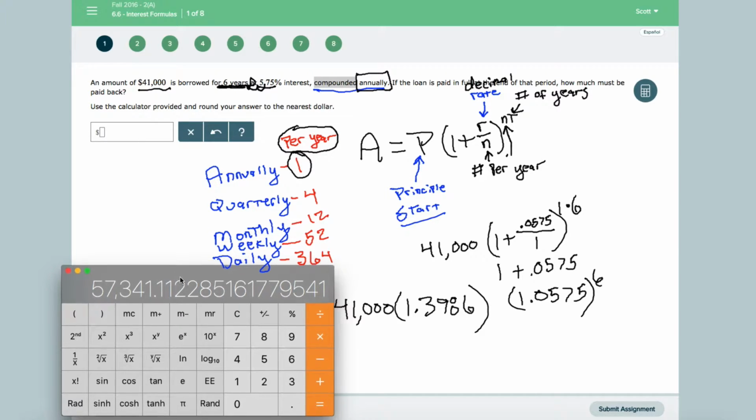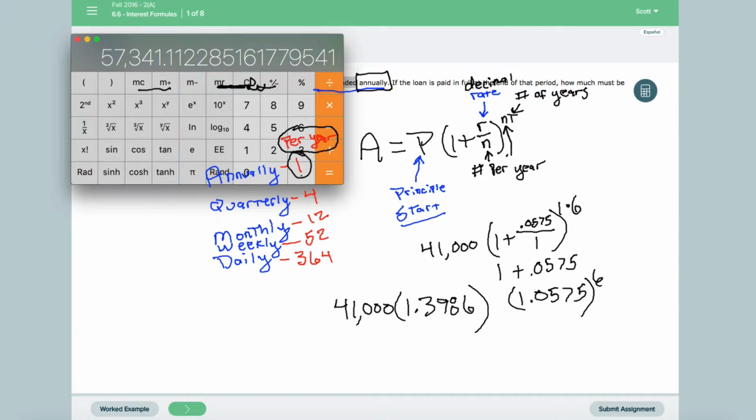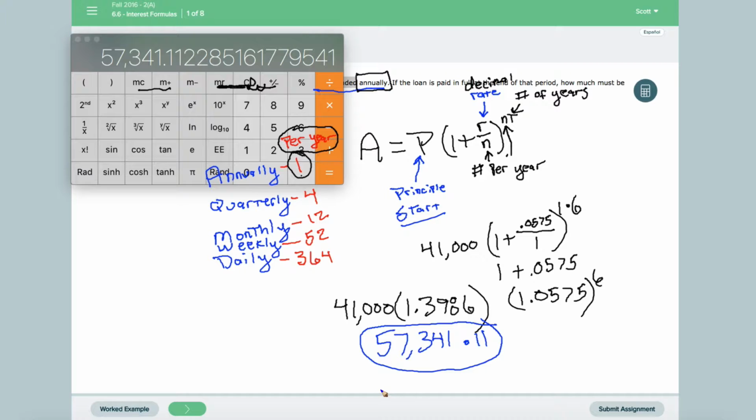Enter. And so when we pay it all off, we're going to be paying $57,341.11. And that's the answer.